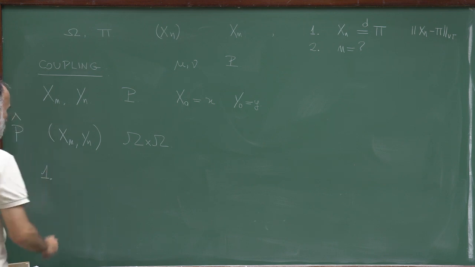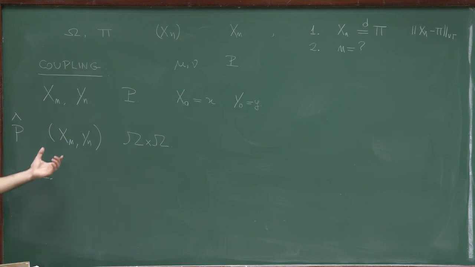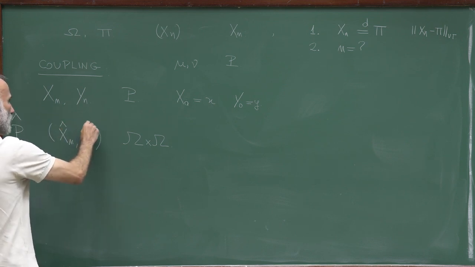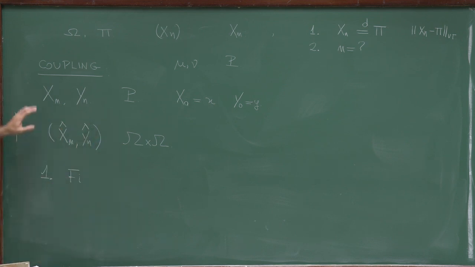So let me start again. We start from two Markov chains, X_n and Y_n, defined on the space omega, and I want to define a coupling between these two chains. So what would be a coupling?